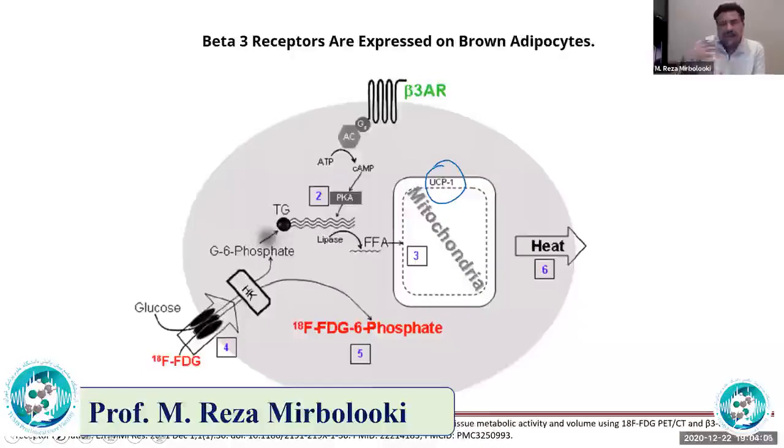When this protein is expressed more, although the cell gets the glucose and free fatty acids, which go to acetyl-CoA and the Krebs cycle, it still will not be able to create ATP, because the hydrogen ions will be wasted. They're not going to go through ATP synthase to make ATP. That's the whole idea, and because of that, it creates lots of heat, because all that energy is wasted.